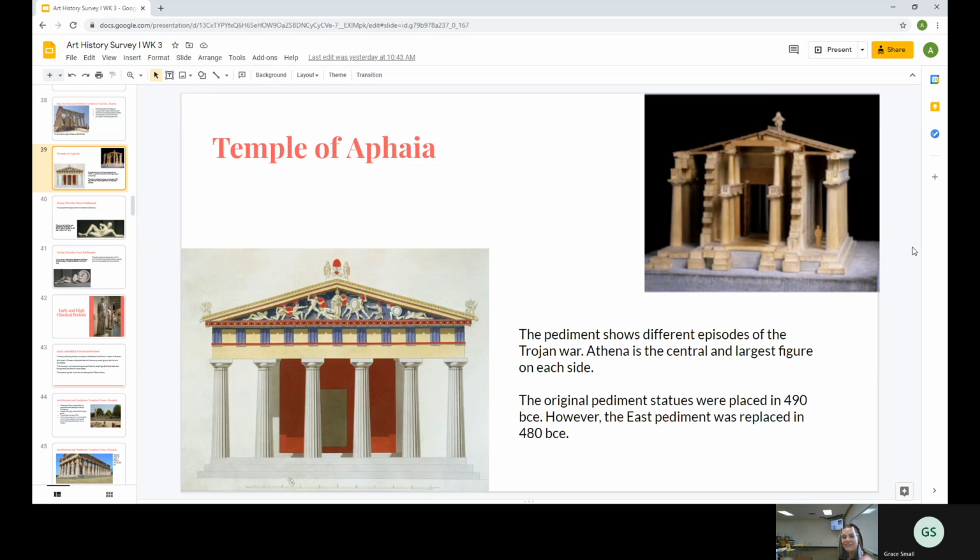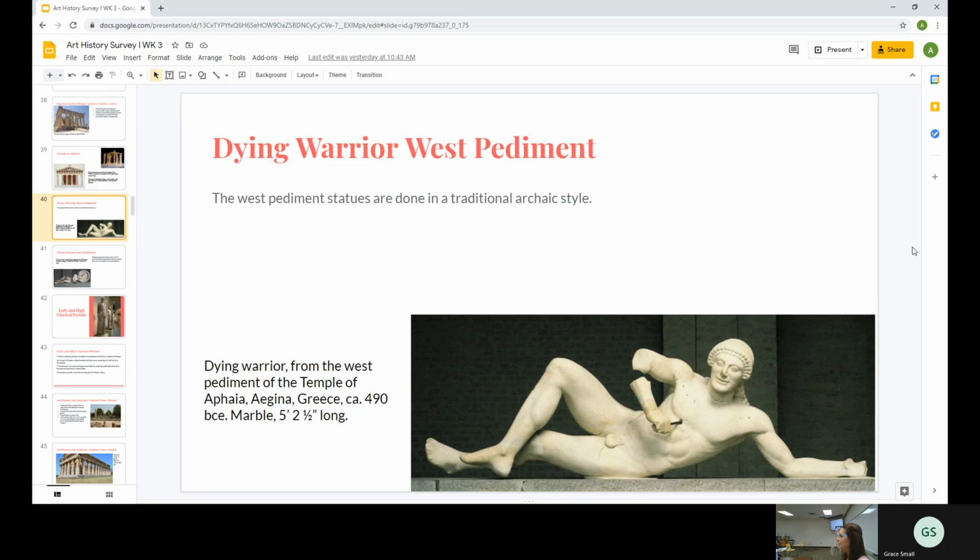Each end had its own pediment. The original pediment was placed in 490 BCE. However, the eastern pediment had to be replaced in 480 BCE, so 10 years later. This is the original, the OG. Dying warrior from the western pediment. He is done in the very traditional Archaic style. He's got an arrow in his chest and he's happy about it.